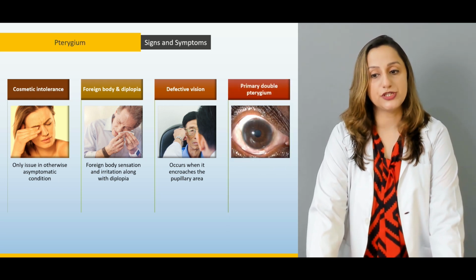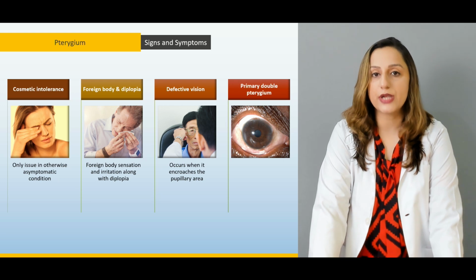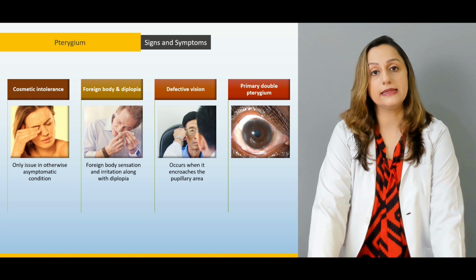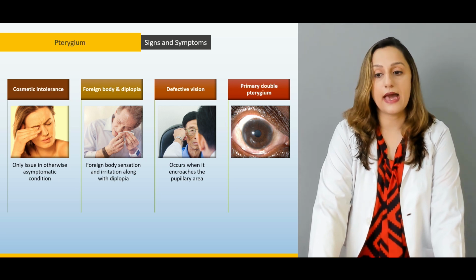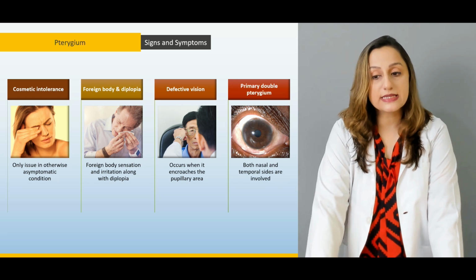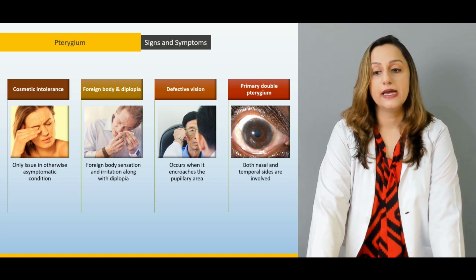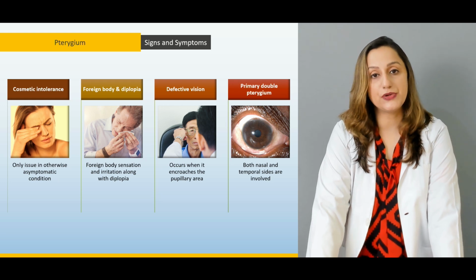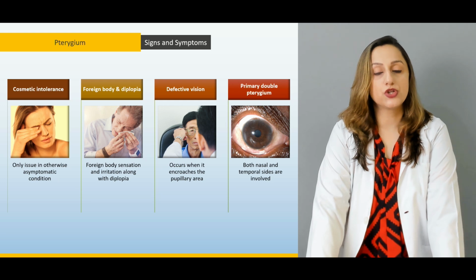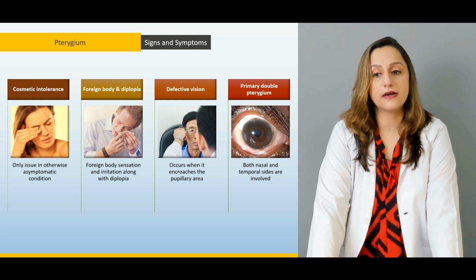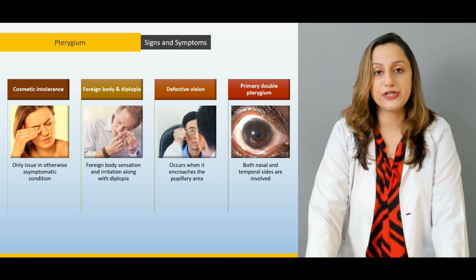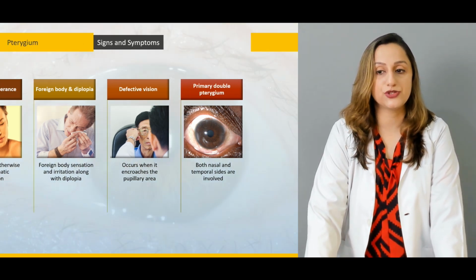Primary double pterygium: sometimes it is just related to the nasal side, but in a lot of cases the temporal and the nasal sides are both affected, and it's quite a disastrous condition for the patient. Both nasal and temporal sides are involved. The visual acuity is highly decreased. There is a foreign body sensation. Cosmetically, it's not tolerable. So all of these are the complications related to this kind of degenerative change appearing in the patient.